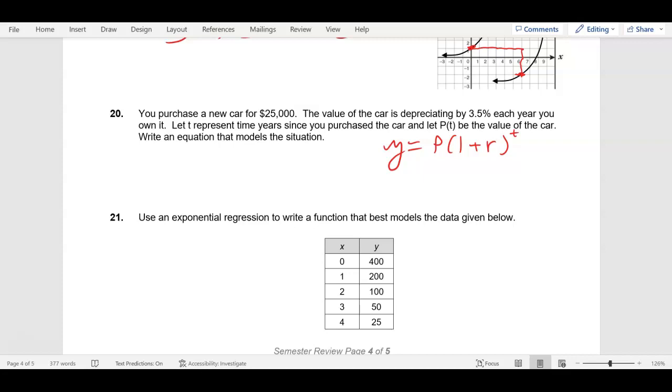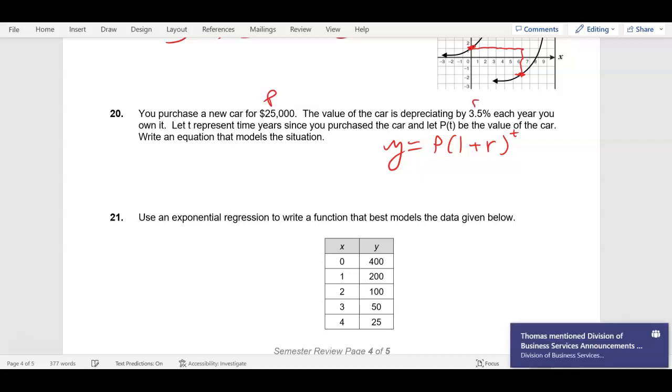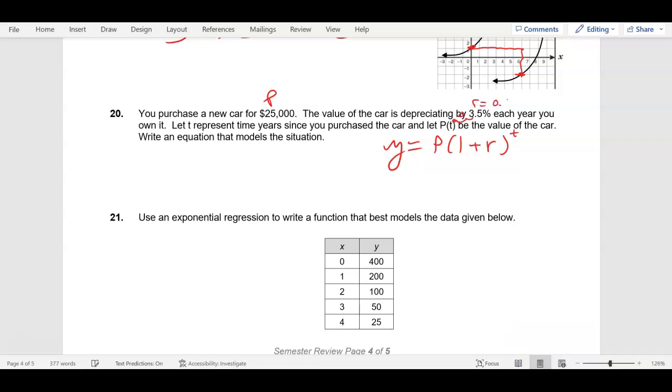So let T represent the year since you purchased the car. So we're going to leave T the way it is. So my P, principal, is what I start with. My rate is this. Once I move the decimal 2 places to the left, I get 0.035. Okay.